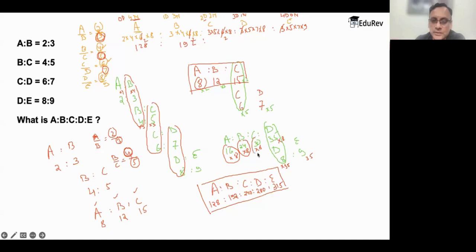Same 30 into 8. So it gives you 240. Okay. Then you have 5 into 7, 35. 35 into 8. Same 35 into 8. You get 280. Okay. And the last one, you have 5 into 7, 35 into 9. You can see same 35 into 9. That is 315.